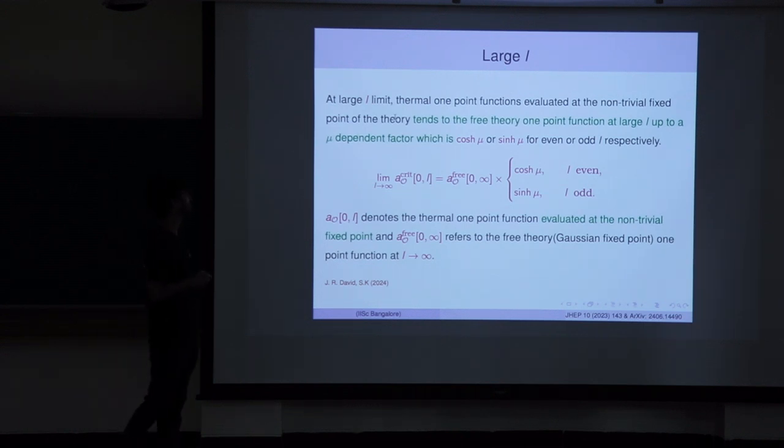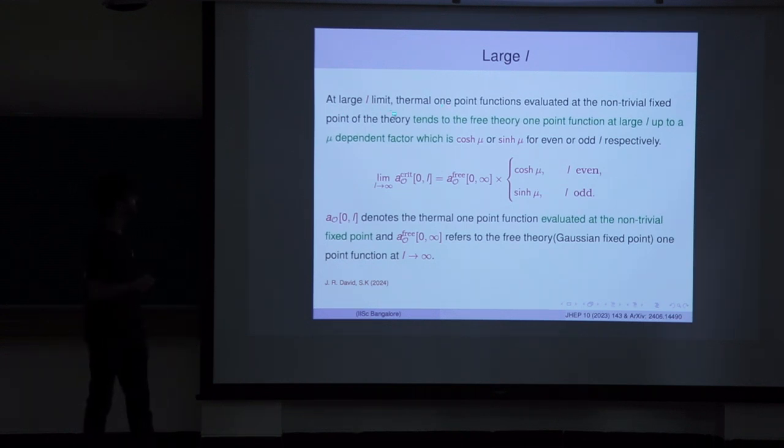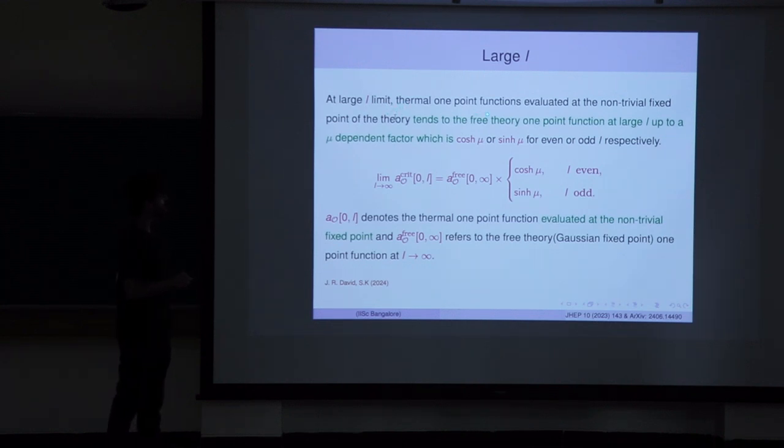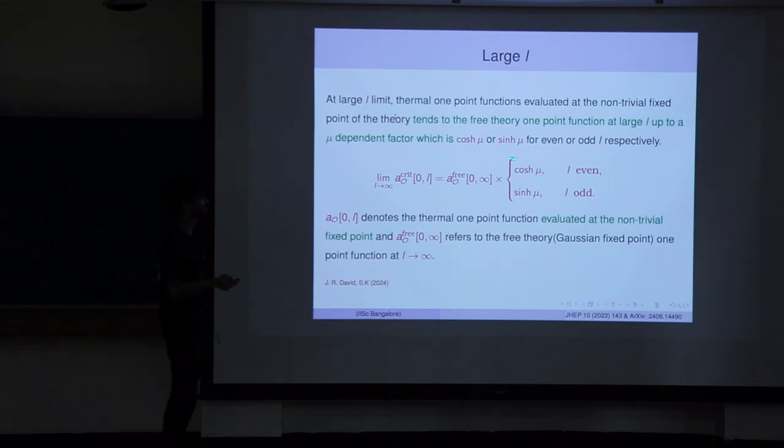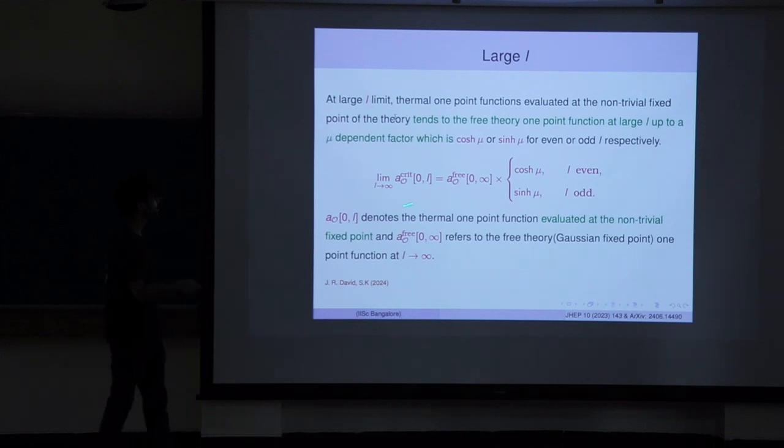of these operators. So at large spin limit, what is observed is that thermal 1-point functions evaluated at the non-trivial fixed point of the theory tend to the free theory 1-point function at large L, up to a mu dependent factor, which is either cosh mu or sinh mu for even or odd L respectively. So mathematically it looks like this.